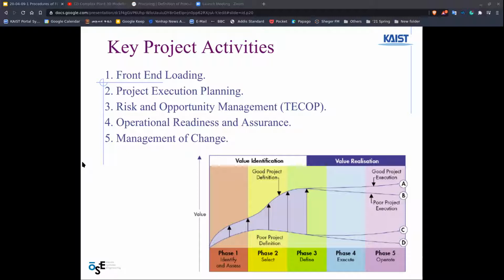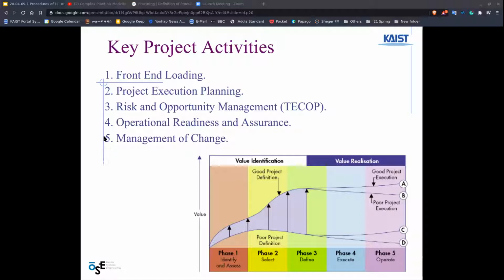At the right end, there are A, B, C, D circles, labeled as good project execution and poor project execution, like A and B respectively. C and D are also very poor project definition. This shows that the early phases, selection and identification, are really influential. It makes or breaks the project.